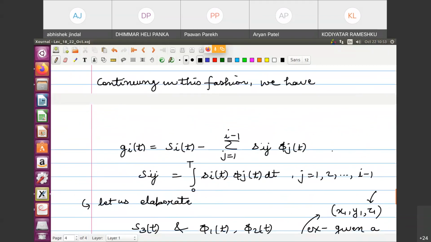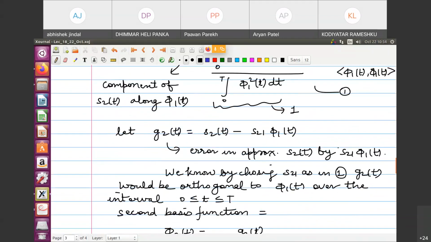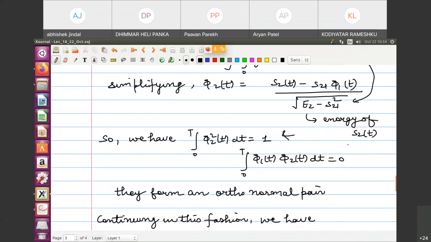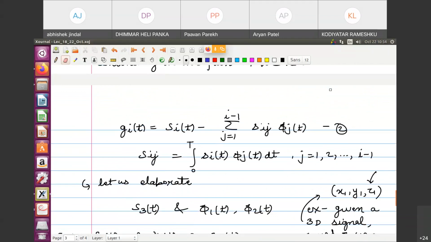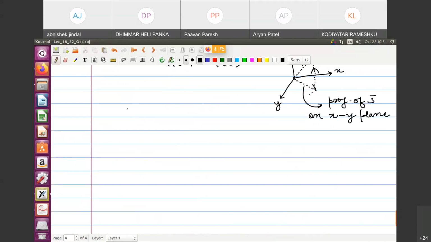So if I represent this as equation number 2, and I represent this as equation number 3, then equation 2 is a special case of equation 3 with i equal to 2.